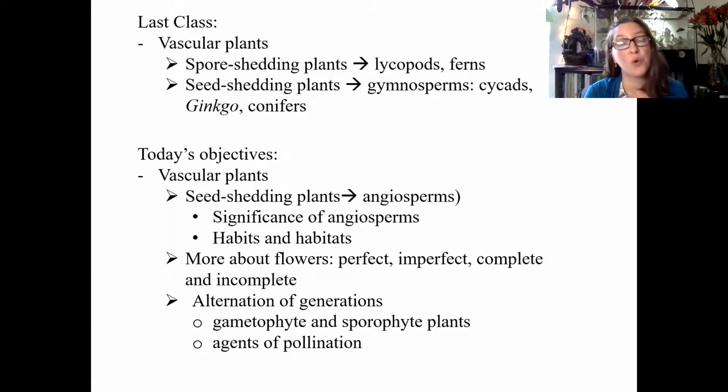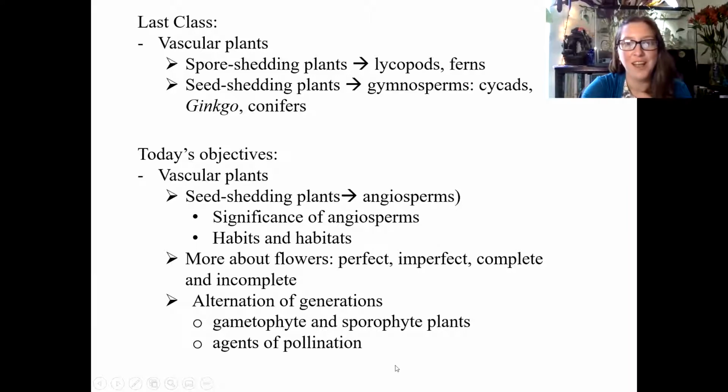And of course, we can't not talk about alternation of generations, right? We have to talk about the gametophyte plants and the sporophyte plants in angiosperms. And we'll finish out with agents of pollination, which sounds like an exciting action movie, and maybe it should be.